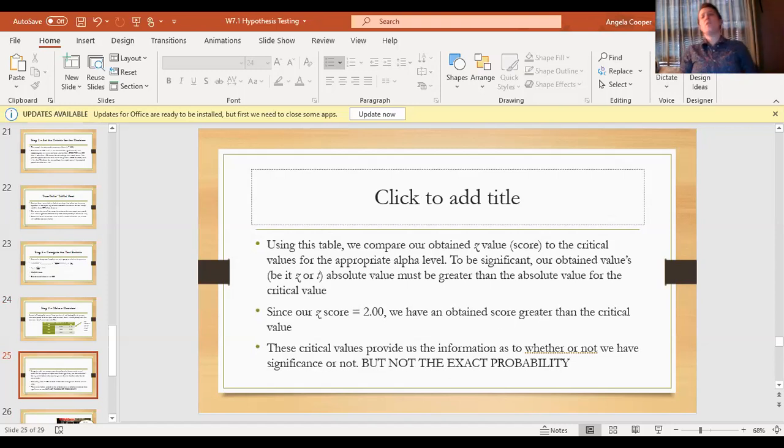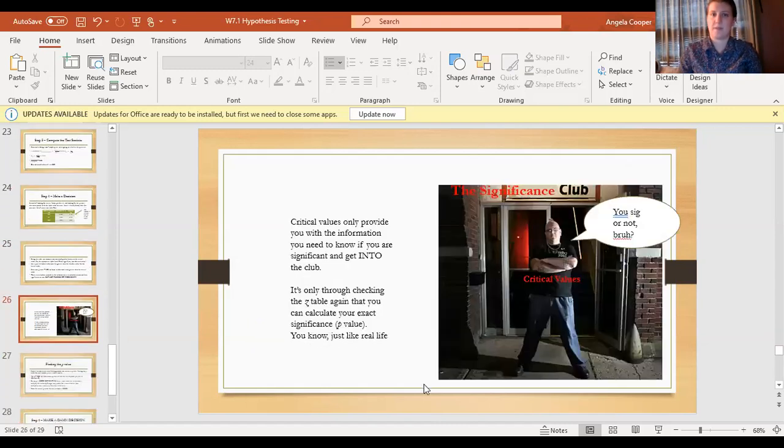Okay, so we know that we're going to reject it with our z-score of 2, but we don't know the exact probability. That's why we use p-values if we're so inclined.